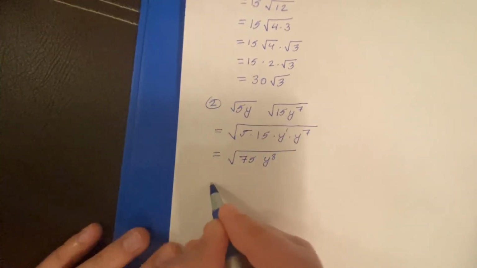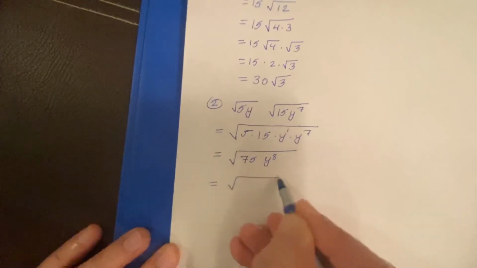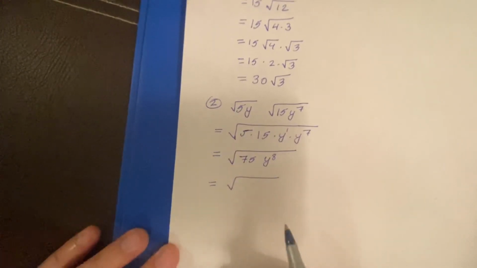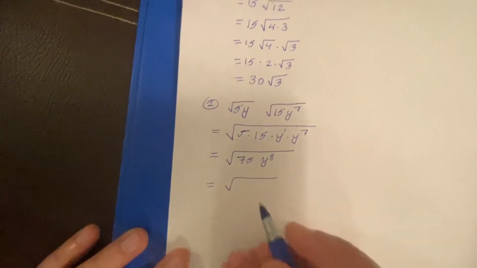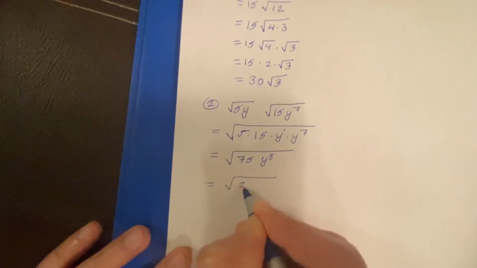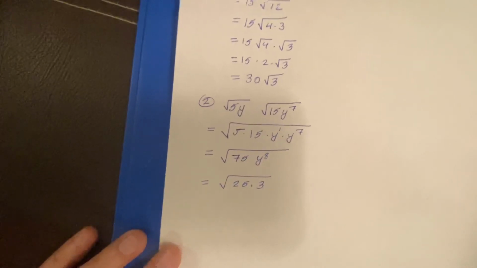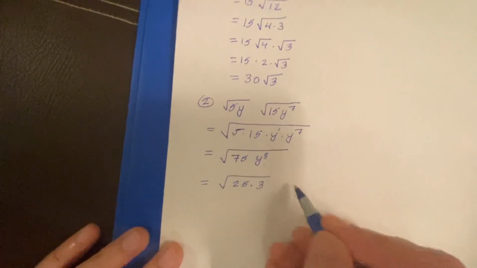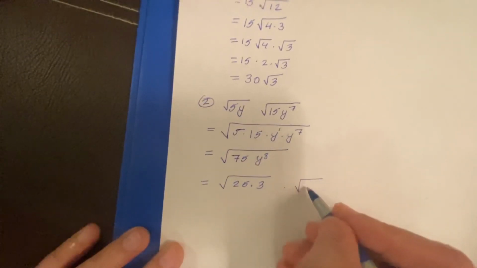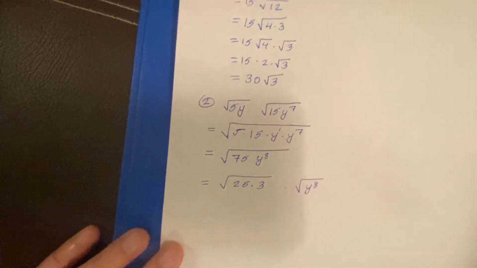Now after this, since we have a square root, we can also write 75 as 25 times 3, and another one, square root of y to the power 8.